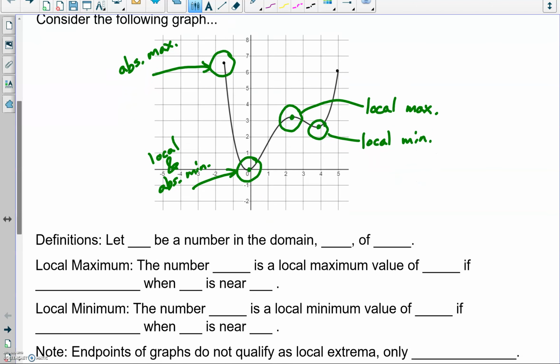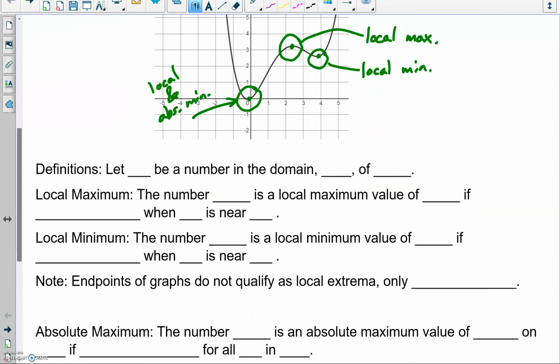So let's put this into words and definitions. Let c be a number in the domain D of some function f of x. For a local maximum, the number f of c is a local maximum value of f of x if f of c is greater than or equal to f of x when x is near c.